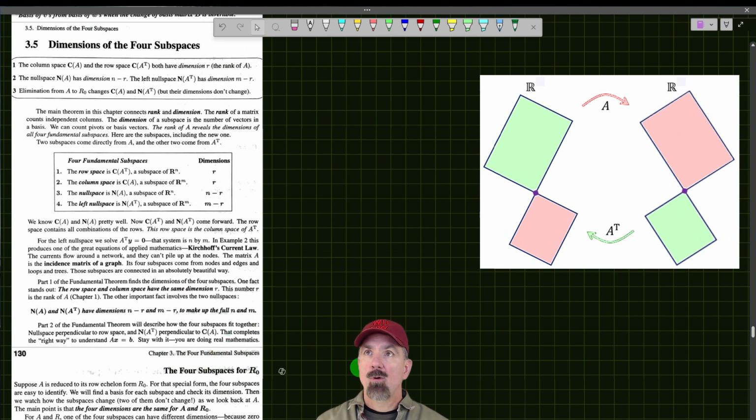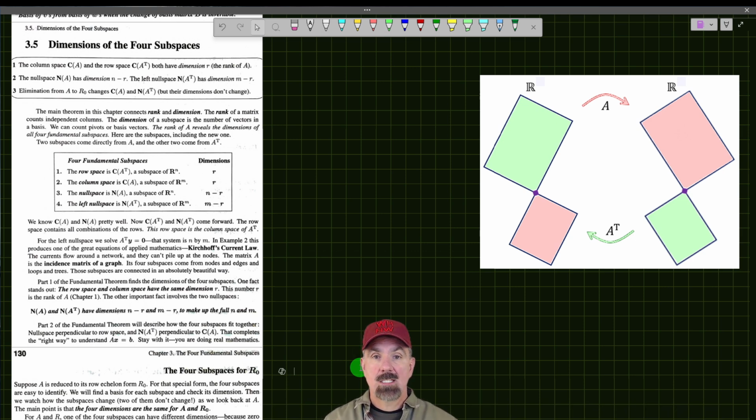We're here in section 3.5, and the conversation for today is largely about the existence of these subspaces along with their dimension. We'll go through a couple of examples to look at dimension. We'll talk some about basis, but that's really the deeper conversation for the next lesson, where we take a deep dive into what these fundamental subspaces are and how for any A matrix we can build them.